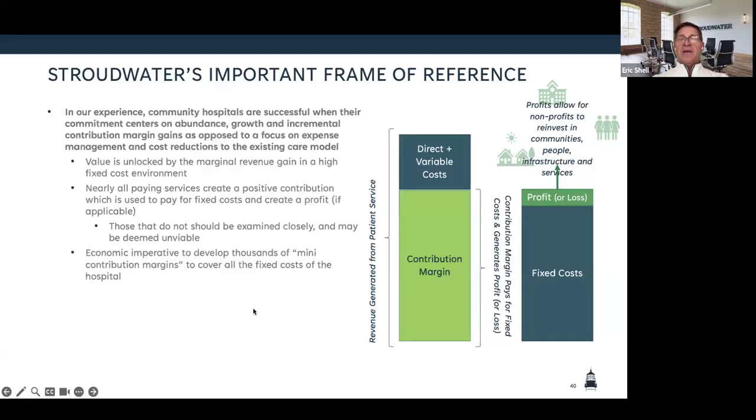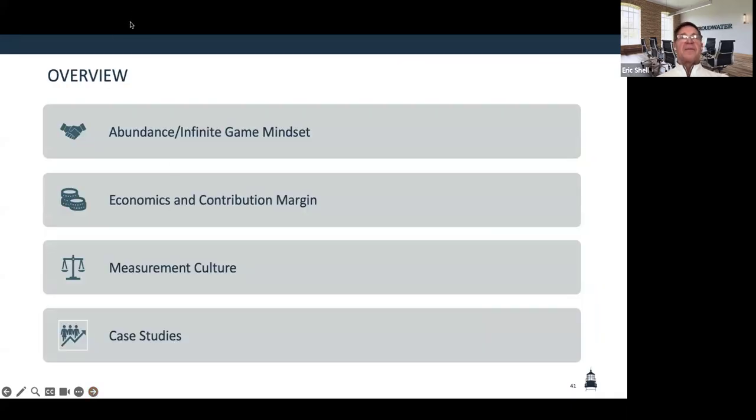So what we tend to do is focus on creating incremental services that result in this contribution margin that covers all your fixed costs and creates a small amount of profit or reduces losses. So high level, that's how we want to think.